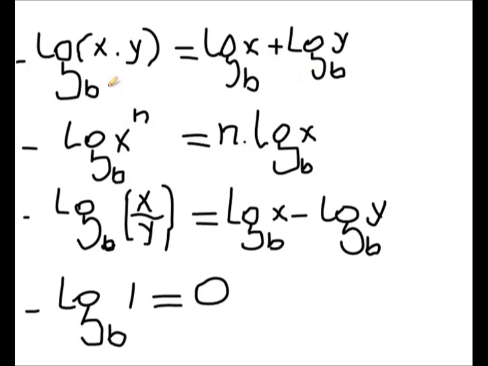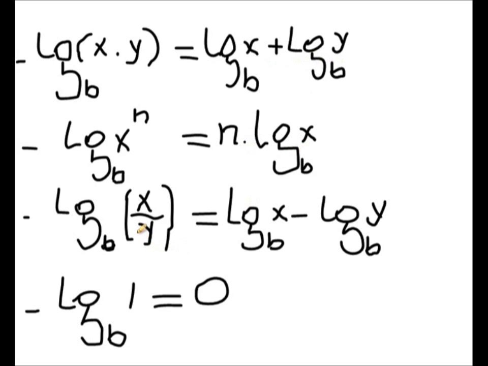Because when we have multiplications, this is transformed to additions. Since x to the power of n is a multiplication, it's x by itself n times, that means we're going to have logarithm of x plus logarithm of x, n times. This would give me n times logarithm of x.